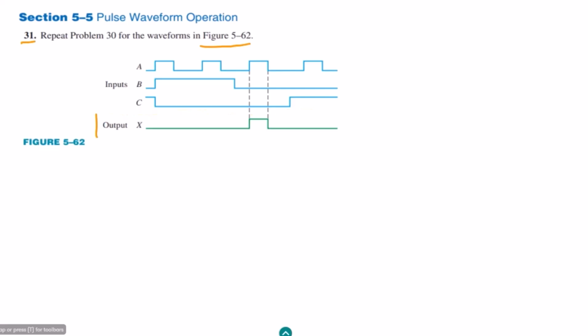We can see that this is the same waveform which is here, and we have some inputs which are applied here. We have obtained this output x, and on the basis of this x we will have to see what will be the logic circuit which has been giving me this output for these inputs.